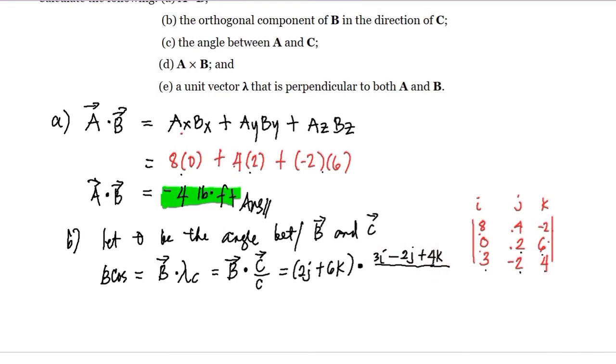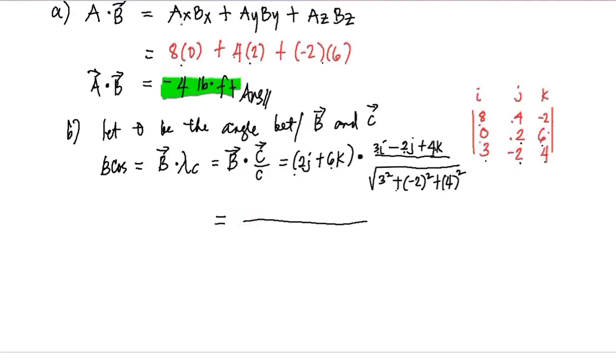Over its magnitude. The magnitude is just equal to the square root of 3 squared plus the coefficient of j, negative 2 squared, plus 4 squared. For the numerator, since wala tayong i na nakikita dito, that is equal to 0, and the i here is 3; for the j, that's 2 and the j here is negative 2; and k is 6 and the k here is 4.